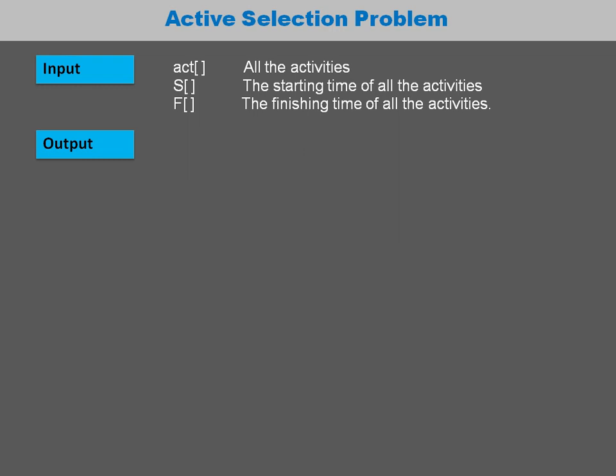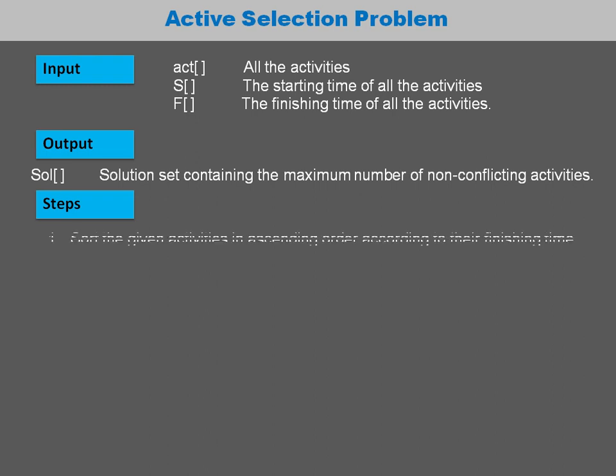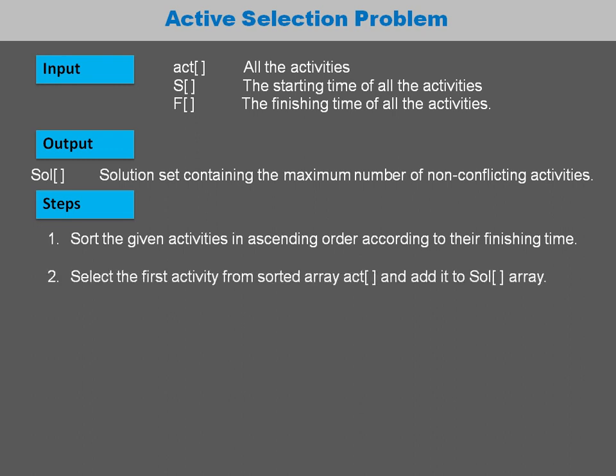Now our output will consist of a solution set, containing the maximum number of non-conflicting activities. Now we will see the steps to solve the activity selection problem. The first step is to sort the given activities in ascending order according to their finishing time. After sorting, we select the first activity from the sorted array and add that first activity to the solution array.